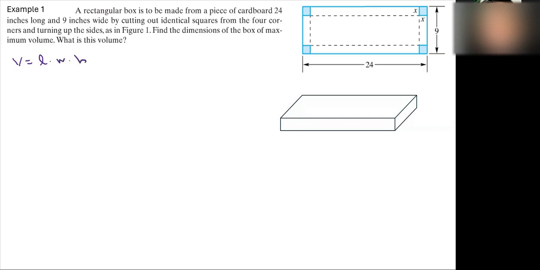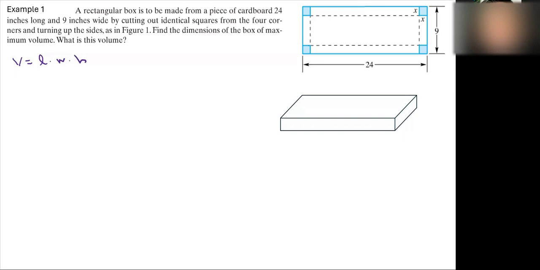So let's look at our shape here. If we cut out these four corners and fold up this cardboard at this dotted line, we are going to get this shape. First we need to figure out, once we cut these corners out, what's going to be the length, width, and height of this box?